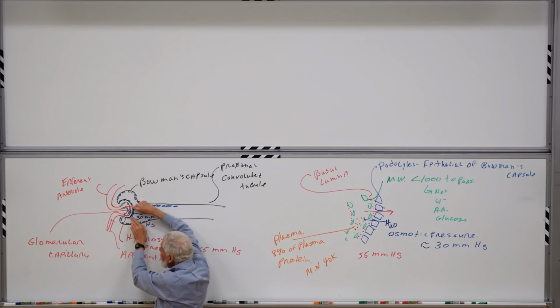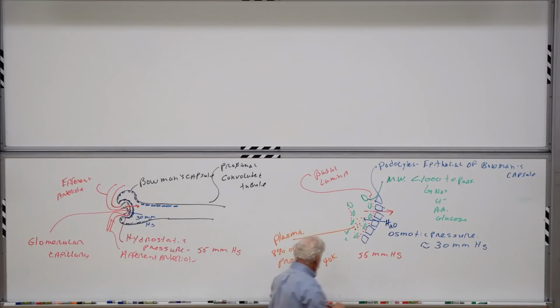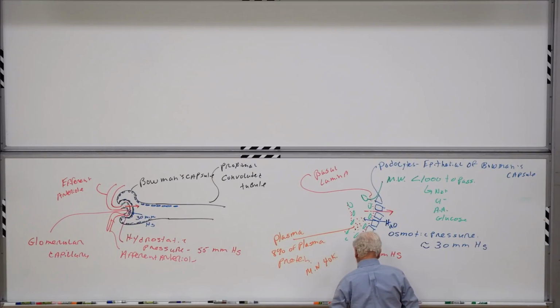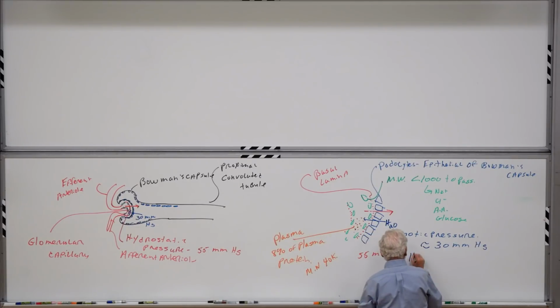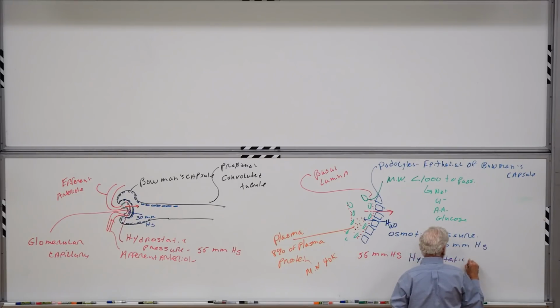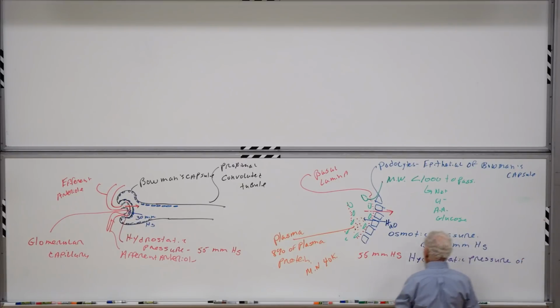As we begin to fill Bowman's capsule with water, because this is sealed off, there'll actually be a mechanical pressure. We'll end up with a hydrostatic pressure. Put that in purple. We'll end up with a hydrostatic pressure of Bowman's capsule.